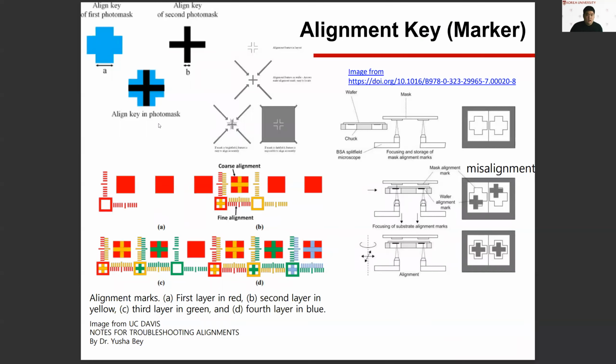So this is the alignment key, and because the alignment key can be printed a little bit smaller than the actual size, the alignment keys for the former are usually thicker than the alignment keys for the latter.